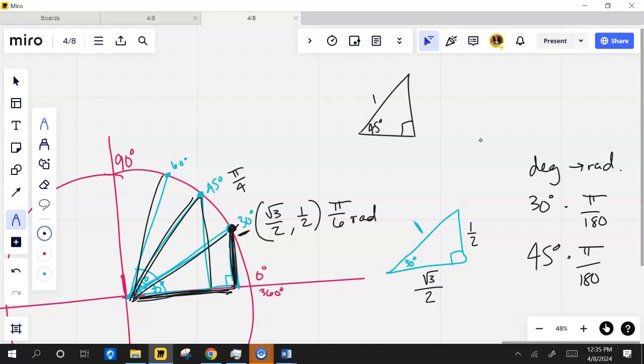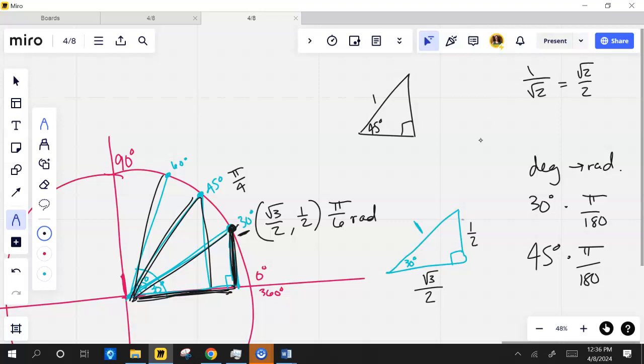All right, I'm in a 45, 45, 90 triangle, and I'm given the hypotenuse. How do I make my way back to 1? Divide by square root of 2. So if I do 1 divided by square root of 2, I end up with square root of 2 over 2, right?